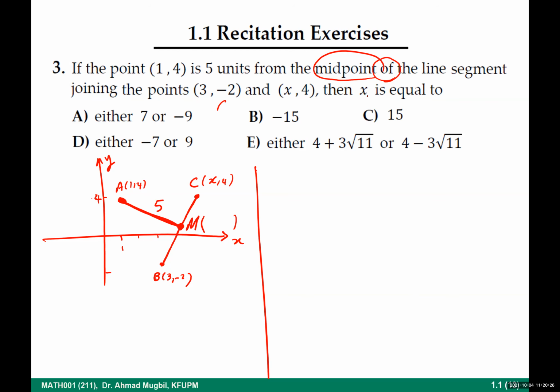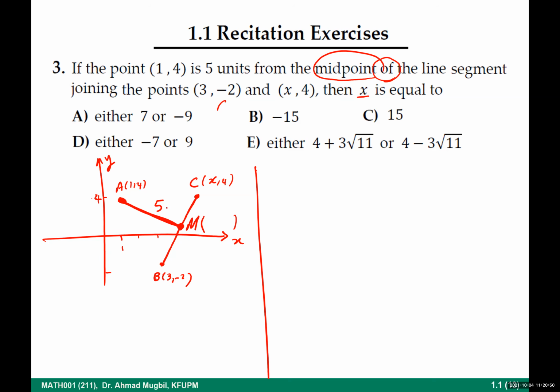The question is, what is X? How to find X? What do we need to find first? The midpoint, you're right. You need first to know the midpoint. If you know the midpoint, you will find the distance between A and M and set it equal to 5.